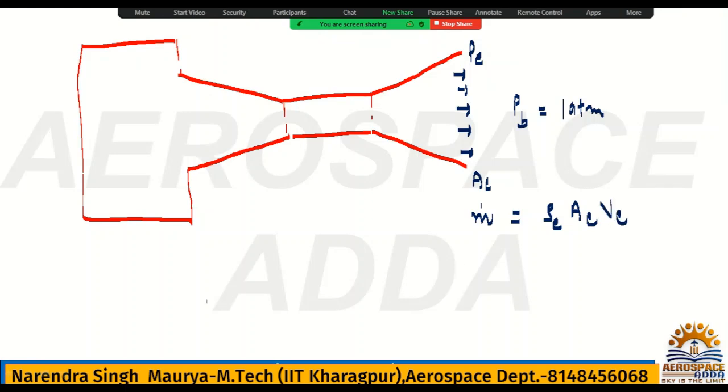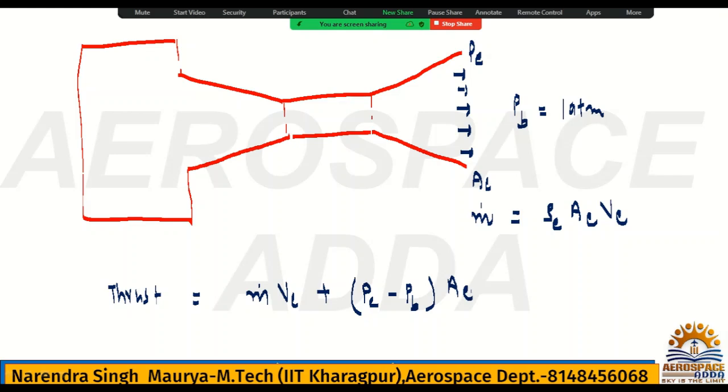Now I will write the thrust equation in short. I believe you already know this formula, but it will be derived in the jet propulsion subject. So thrust will be m dot, the mass flow rate, into exit velocity, plus exit pressure minus back pressure, or atmospheric pressure, into exit area.